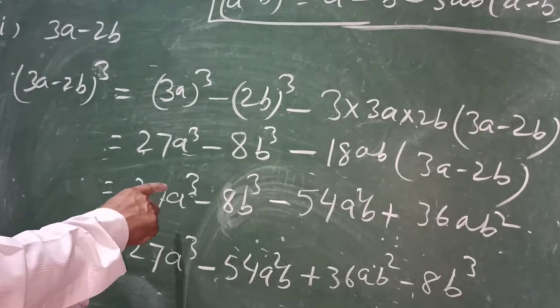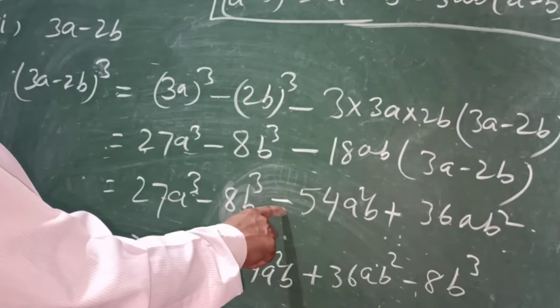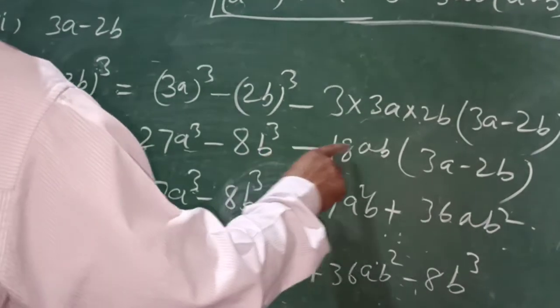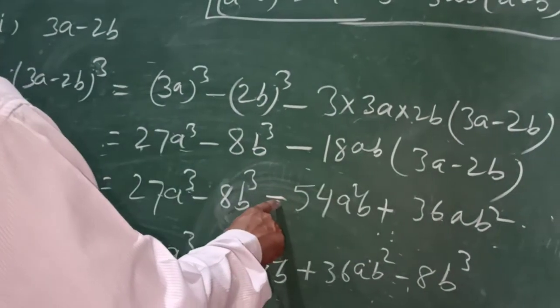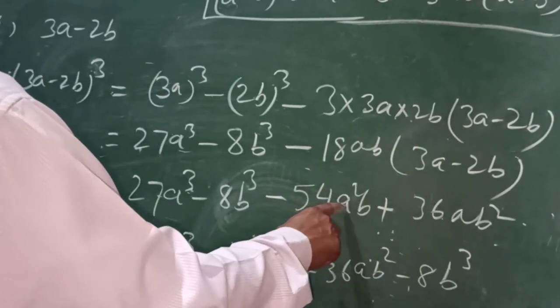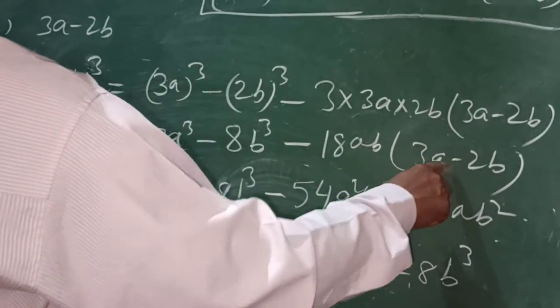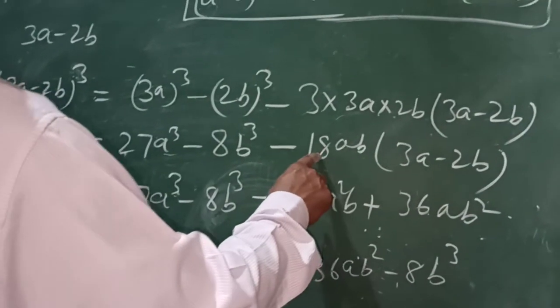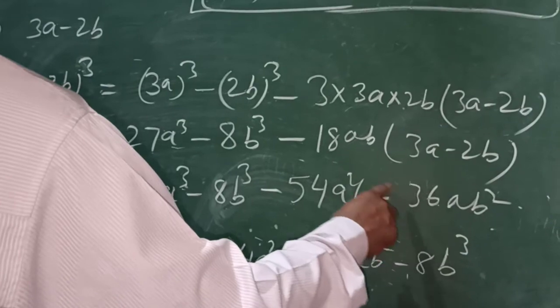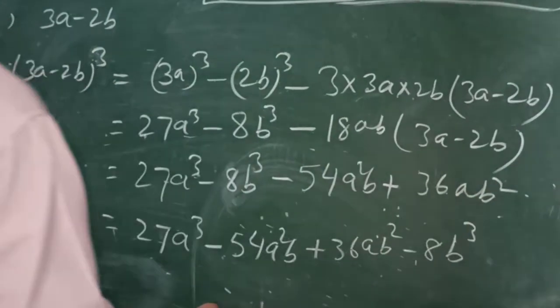It is equal to 27a cube minus 8b cube, minus into plus changes into minus, 18 into 3, 54a square b, minus into minus plus, 18 into 2, 36 ab square.